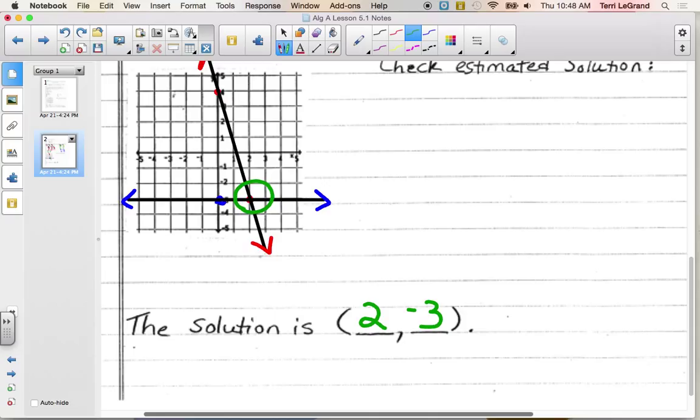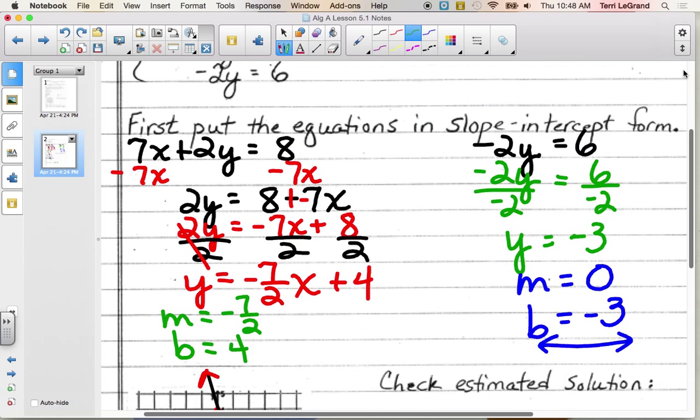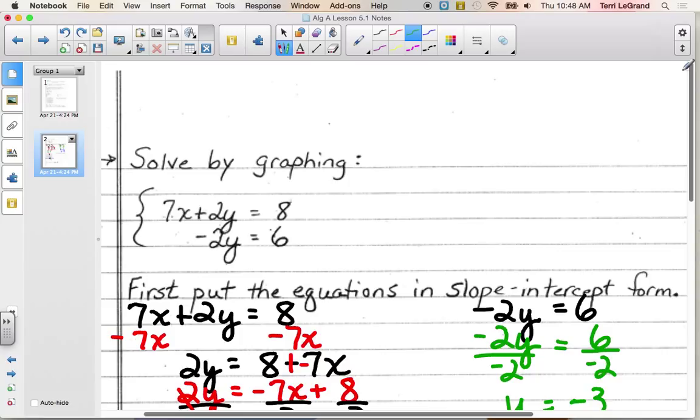When we check it today, you can very easily rename the equation wrong. You guys call it cleaning it up, but we're really not cleaning it up, we're renaming it. When we rename an equation, we can do that wrong. So if we check it in our renamed equation, we're going to fool ourselves into thinking we have the right answer. So we have to go back to the original state the equations were in: 7x plus 2y equals 8, and negative 2y equals 6.